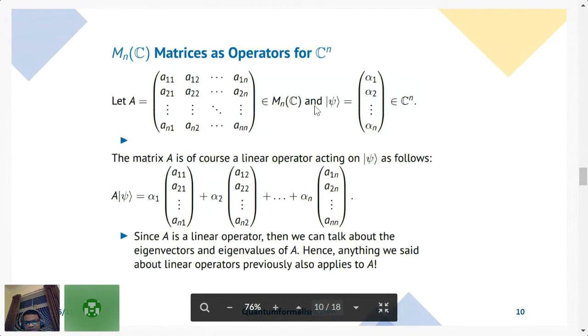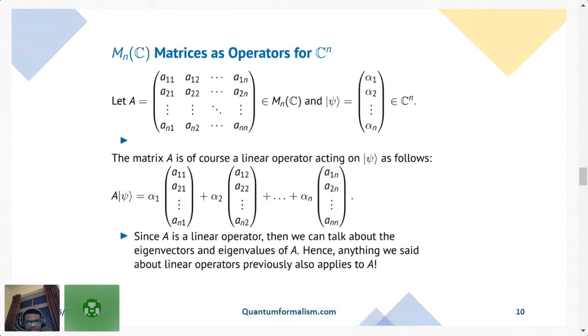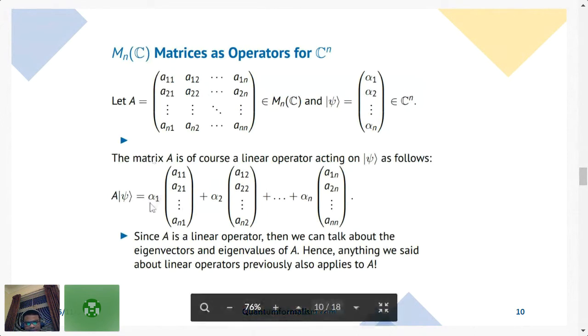So given a matrix in Mn of C and a ket vector in Cn, A can act as an operator, as we have seen in the previous sections. This is essentially matrix multiplication: an n by n matrix multiplied by a column.